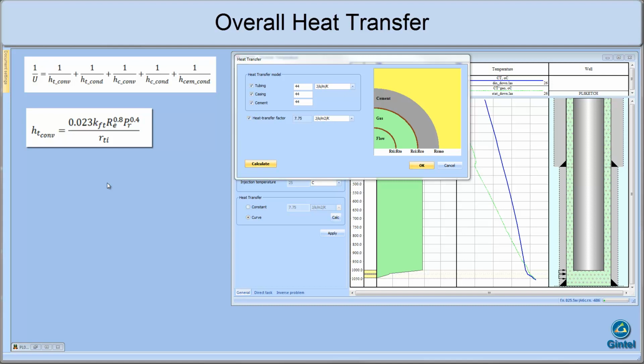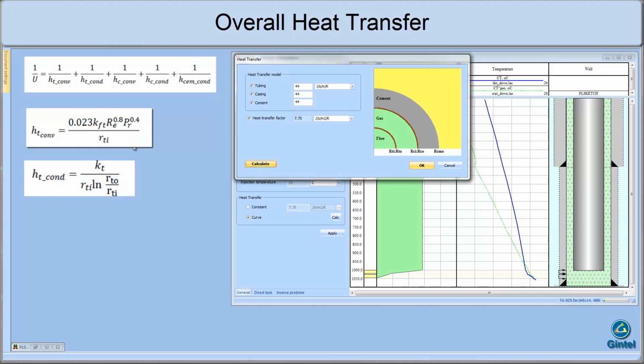The next additive to the overall U value is a local heat transfer coefficient for tubing conduction that can be written as K, which is thermal conductivity of tubing steel, over RTI multiplied by natural logarithm of RTO over RTI, which are outer and inner radii of tubing. It is obvious that it will greatly depend on pure conductivity of the pipe material and its dimensions.